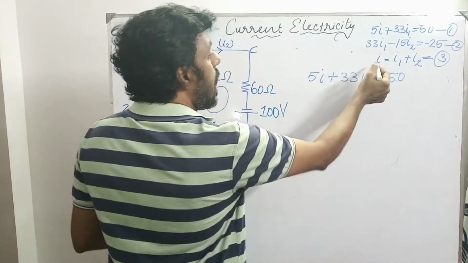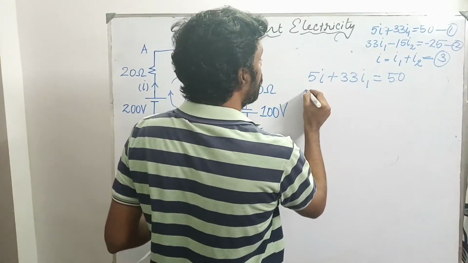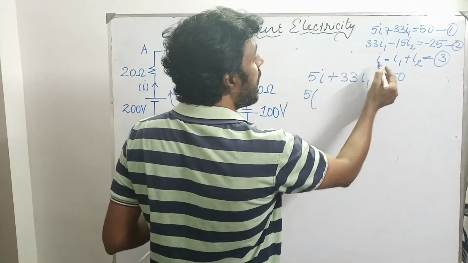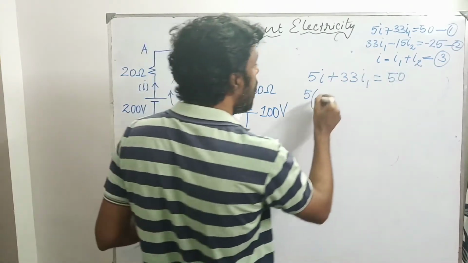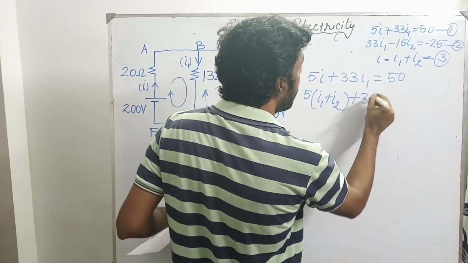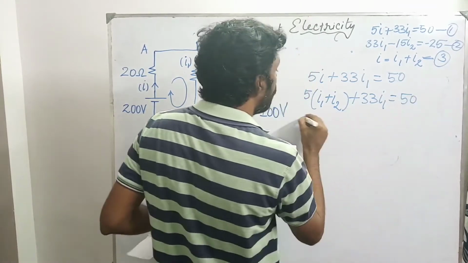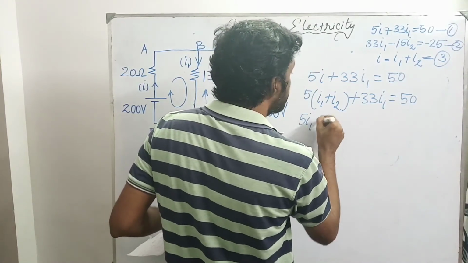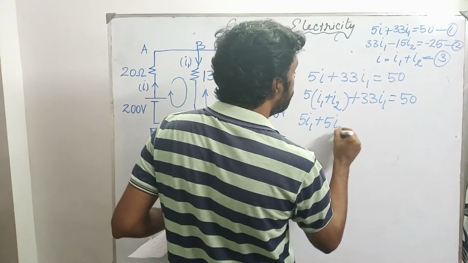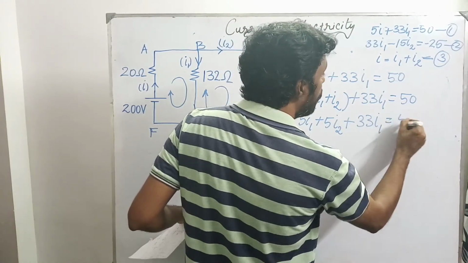I am going to substitute the value of I in this equation 1. So 5 into, what is I? I is nothing but I1 plus I2. So 5 into I1 plus I2 plus 33I1 is equal to 50. Therefore 5I1 plus 5I2 plus 33I1 equals 50.